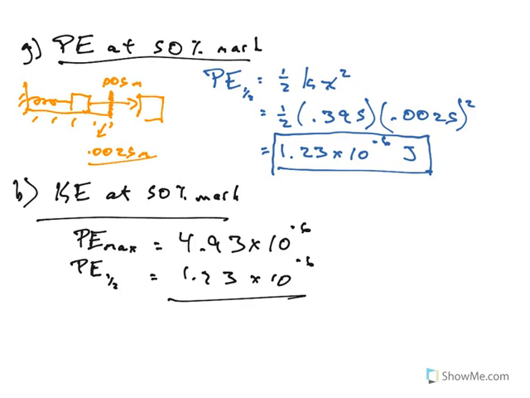The difference between these two is how much energy it lost from potential, and thus how much energy must have been put into the kinetic. So I take 4.93 times 10 to the minus 6, subtract 1.23 times 10 to the minus 6, and I get the kinetic energy at this point must be 3.7 times 10 to the minus 6 joules.